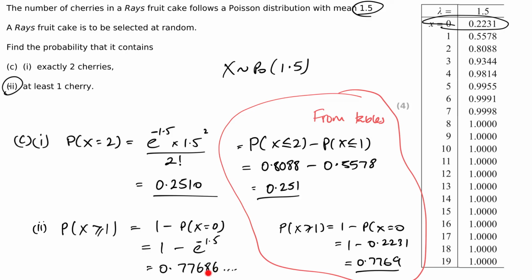Look, round that 6 up and this 8 rounds to a 9, and we've got the same answer. I'd either leave it as 0.77686, or I could go to 3 significant figures. But like you can see here, using the tables can be quite quick and easy, and there's no reason not to use them if you do prefer. But if you do prefer using the tables, just at the end round it to 3 significant figures. I think that will be a better way to finish your overall question, but using the full values where you can.